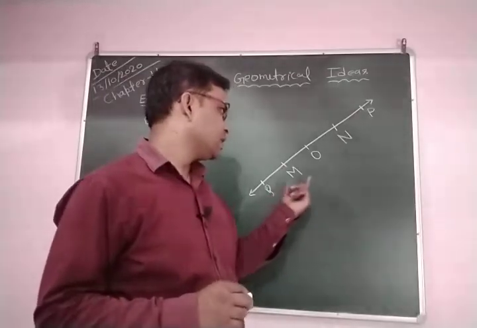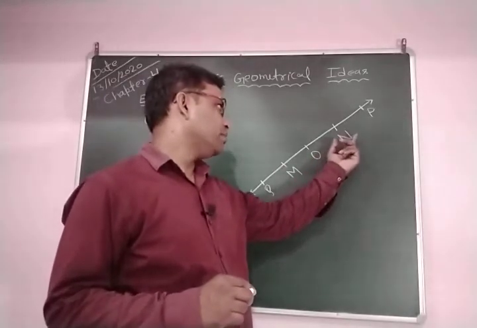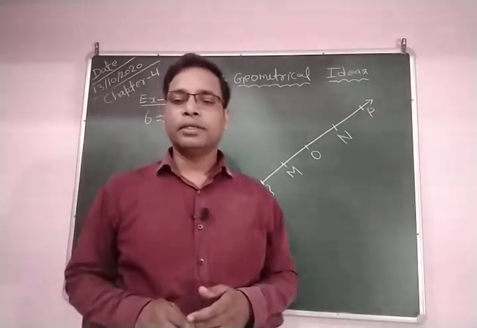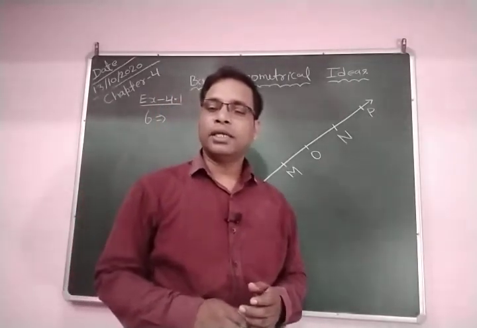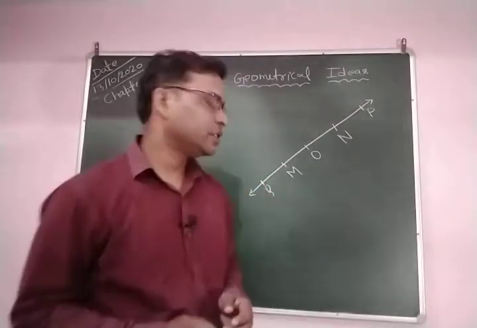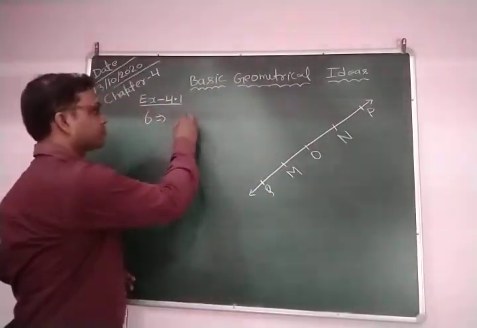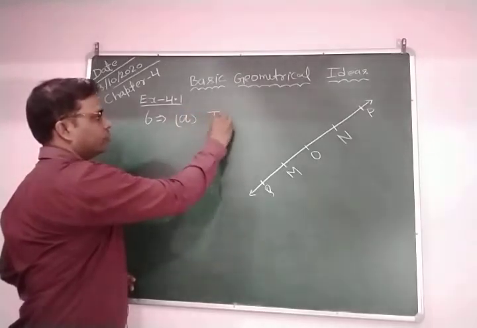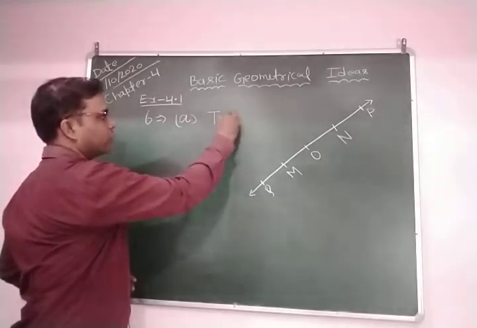So you can see here all the points P, N, O, M, Q are points on the line MN. So this part is true. Clear?